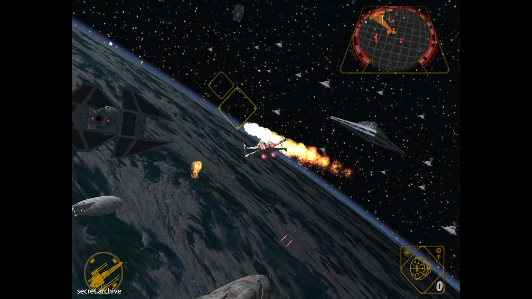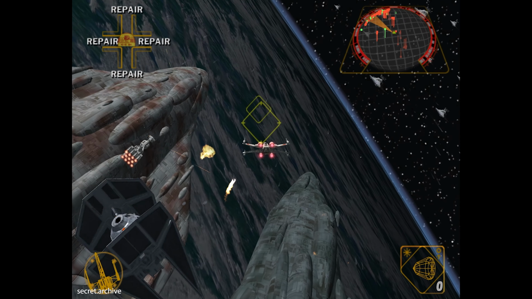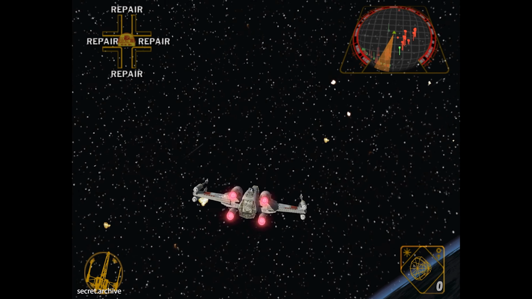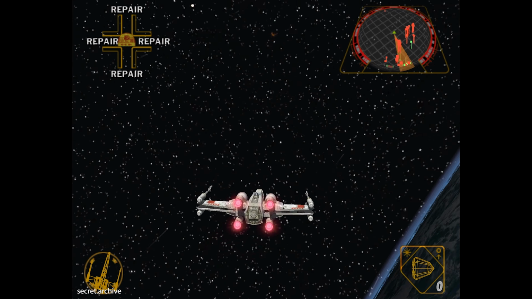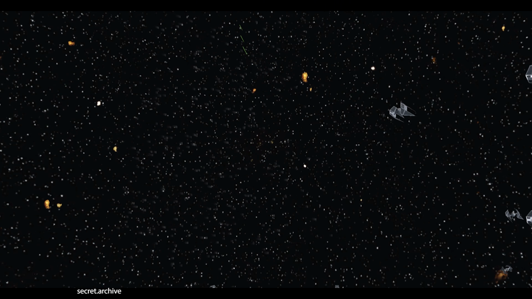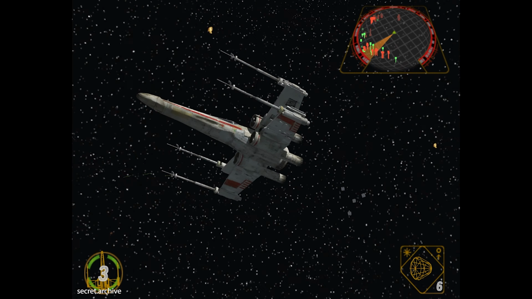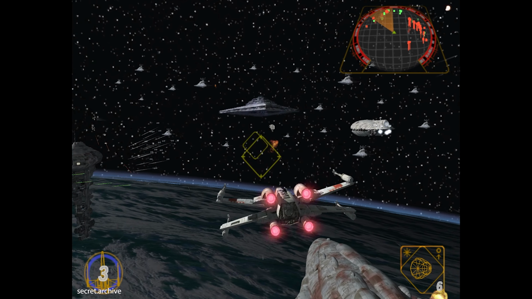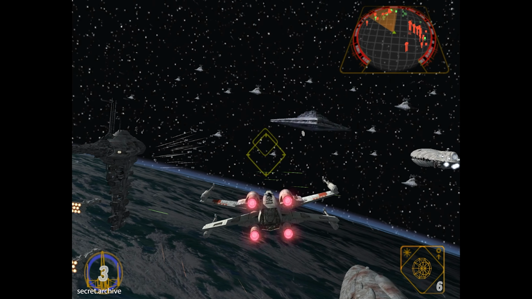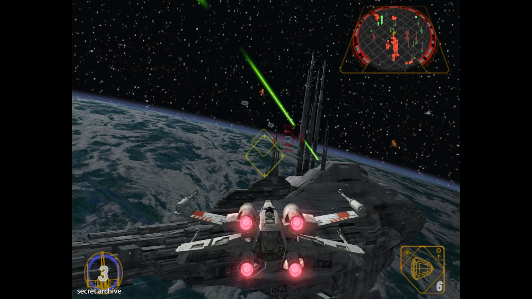How many enemy craft are in here? I think if we showed every single one of them all at once, we'd probably be hovering around 100 ships. So we are pushing a lot of stuff around, and it's amazing how much stuff the GameCube can push around at any one time.